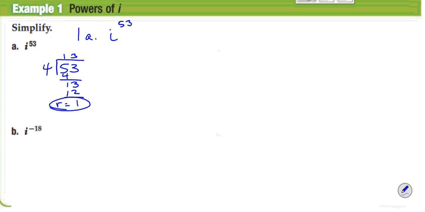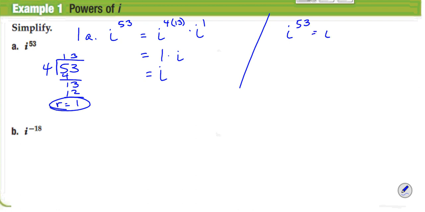And so I can either think of that as i to the 4 times 13, which would be 52, times i to the 1. So this is 1 times i, which is i. Or I can just remember that that was a remainder of 1 and say i to the 53rd is equal to i to that remainder, which is 1, and get i that way. Whatever method works for you is fine with me as we go.